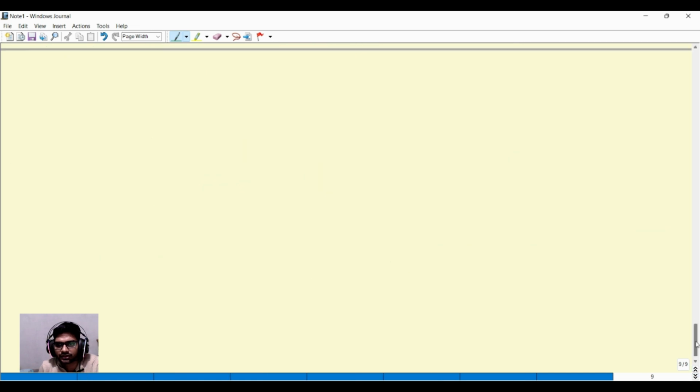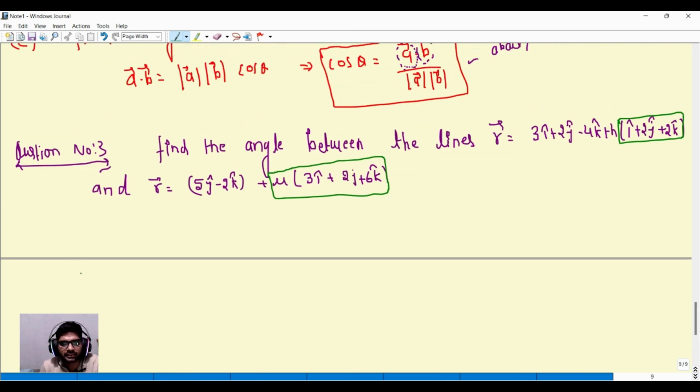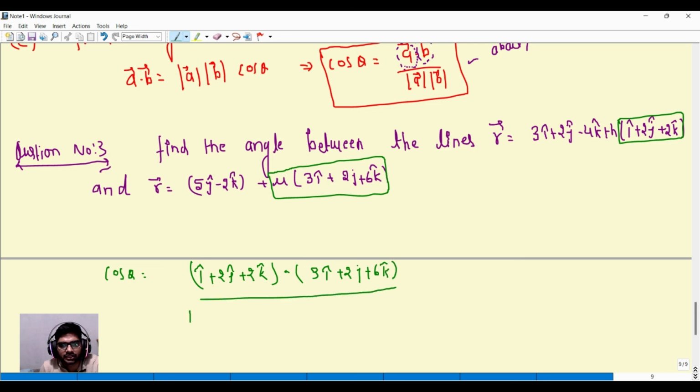So we are going to take the help of these vectors and put them in the formula: cos theta equals (i plus 2j plus 2k) dot (3i plus 2j plus 6k) upon mod of (i plus 2j plus 2k) times mod of (3i plus 2j plus 6k).